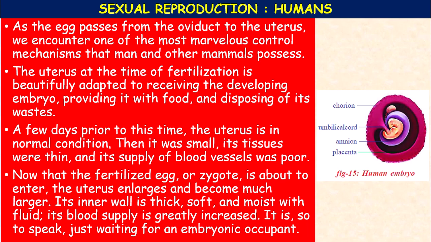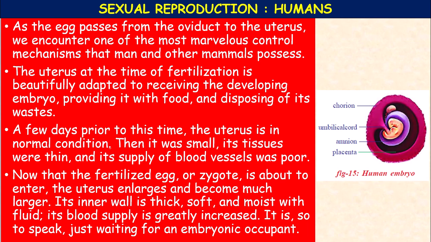The gametes then gradually move down to the uterus, the process called implantation.